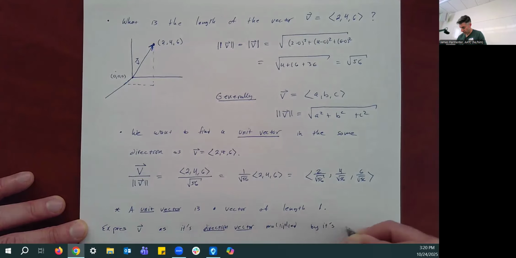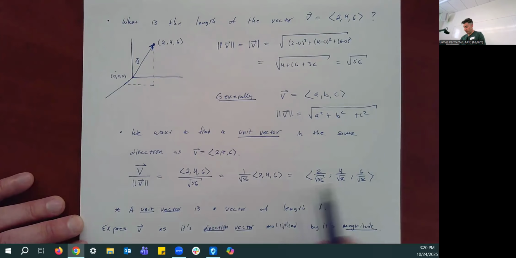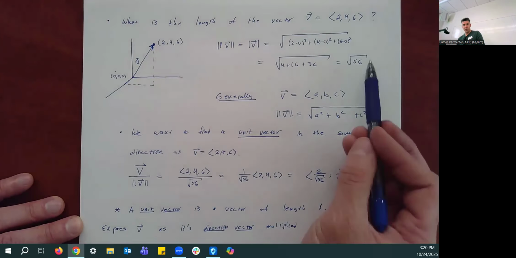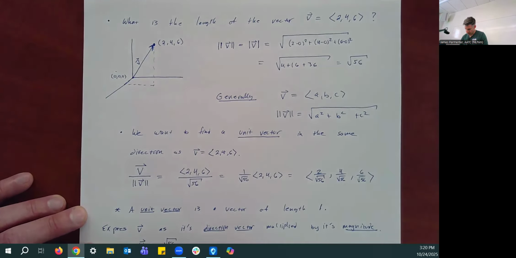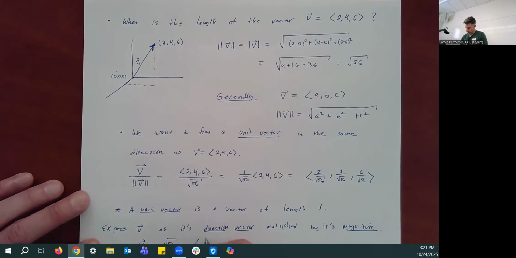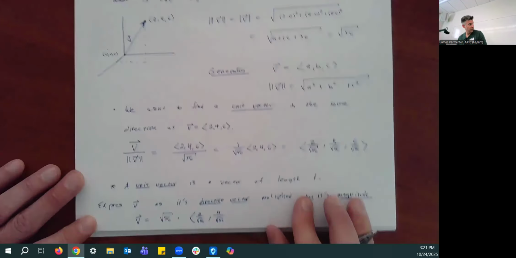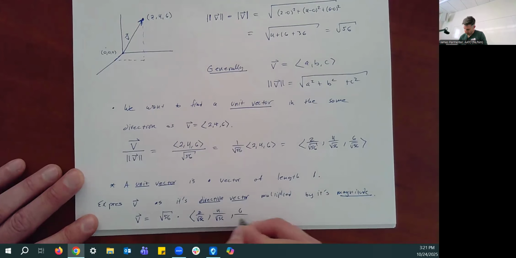It's going to look silly, because all you're doing is taking this unit vector and multiplying it by root 56. So the vector v is its magnitude, the square root of 56, times the unit vector, which again is 2 over root 56, 4 over root 56, 6 over root 56.